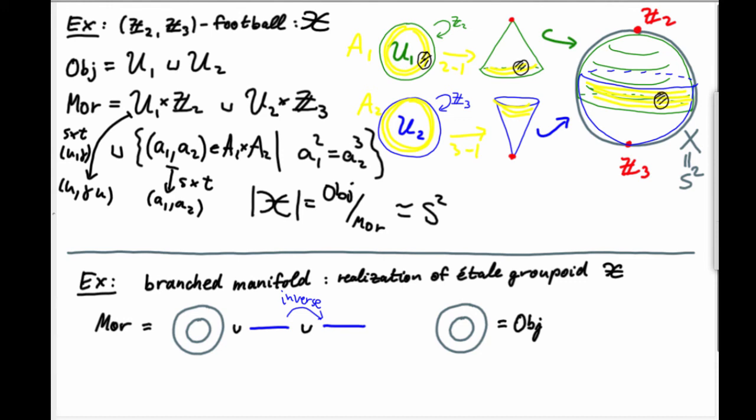And if I made it small enough, then its pre-image here is also 1 to 1, and so this is nicely a local diffeo.